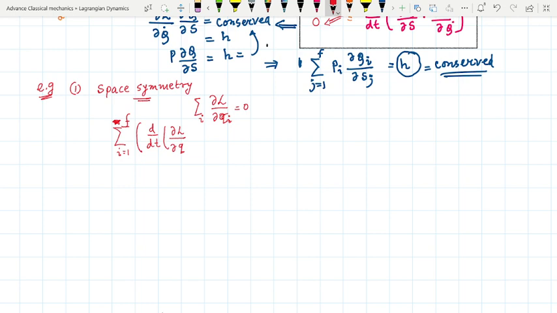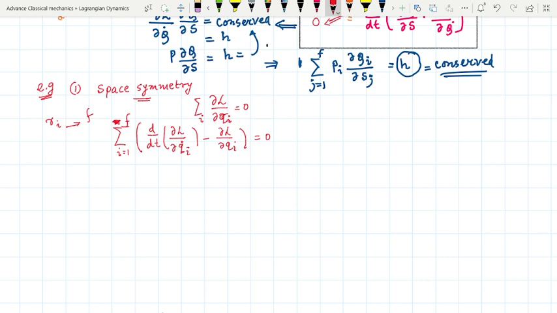The number of equations of transformation corresponding to r_i gives the number of degrees of freedom corresponding to the system.